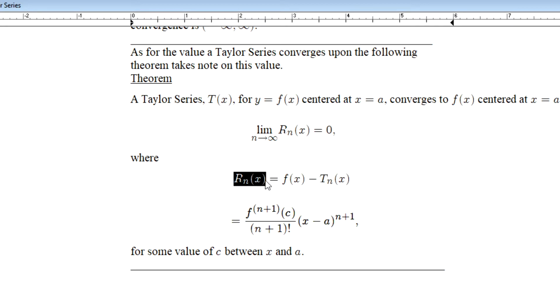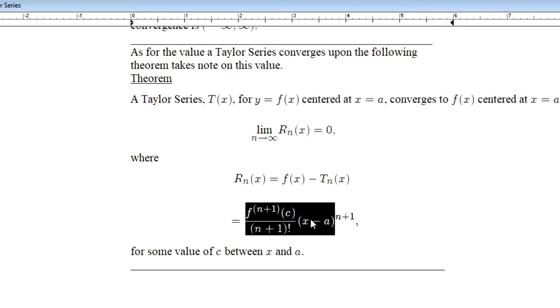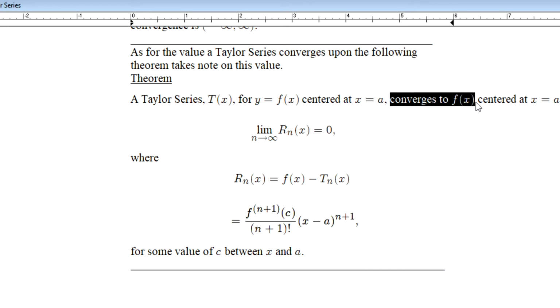And that functional description given by R sub n of x, if as n heads to infinity it heads to 0, where we note that the value of R sub n of x is given by this here for some value of c between x and a, actually converges to the value f of x.